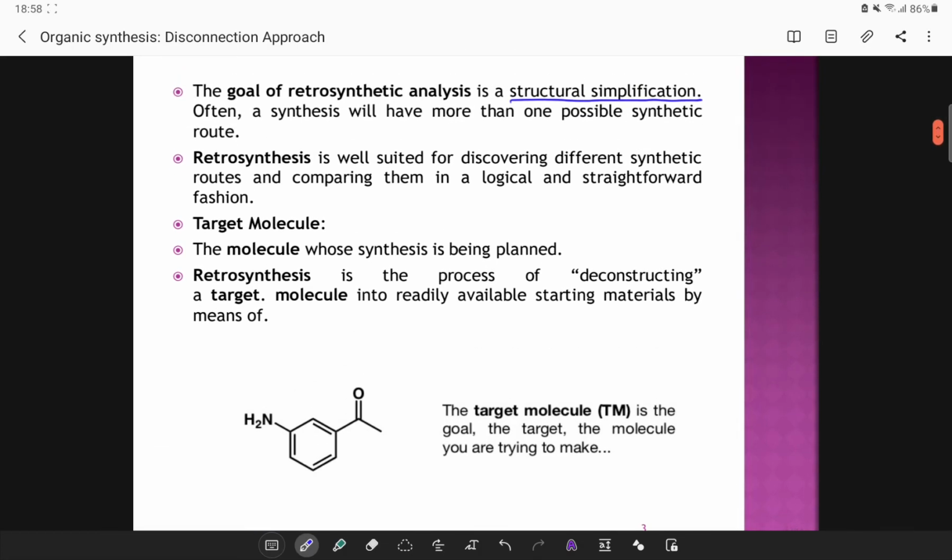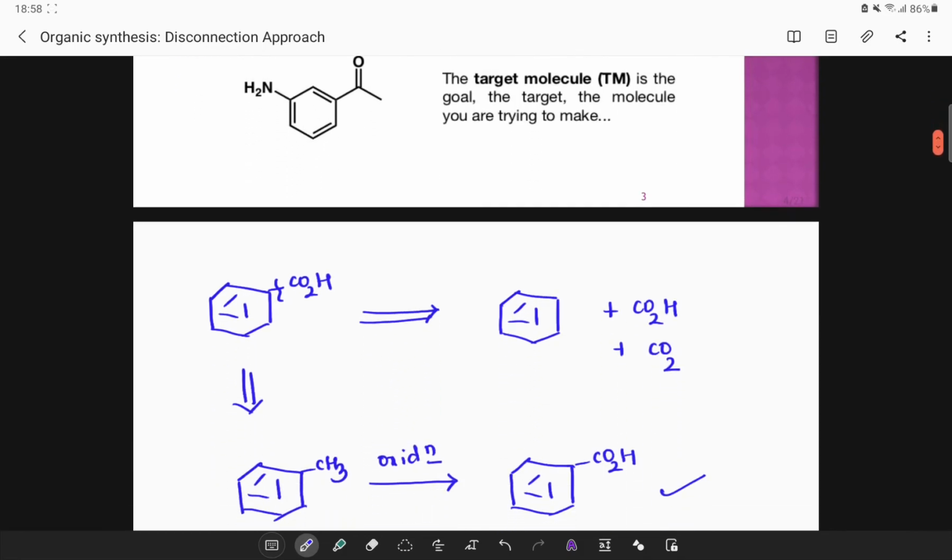Then, target molecule. Till this point, we were just talking about the target molecule. What is this target molecule, or how do I define it? It is the molecule whose synthesis is being planned. Whatever molecule I want to synthesize, or design the system for, that particular molecule is called the target molecule.